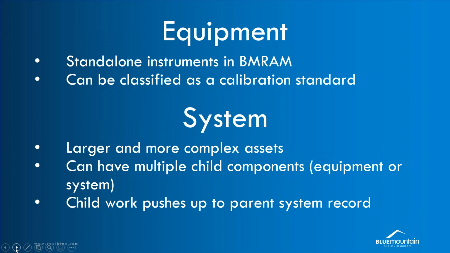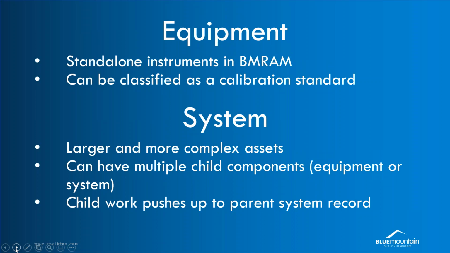And then the second asset record we have is the system record. This is for more complex and larger assets. So for example, this is more of a child and parent relationship, where if you have a system set up, you can either have equipment or another system listed as a child.